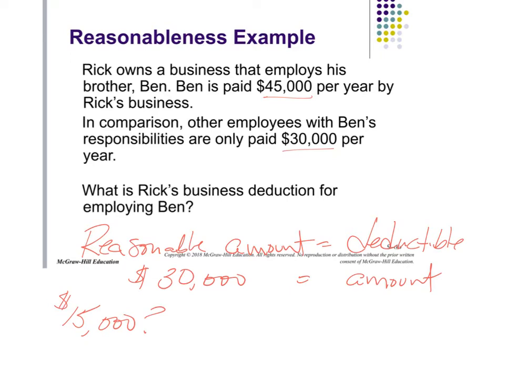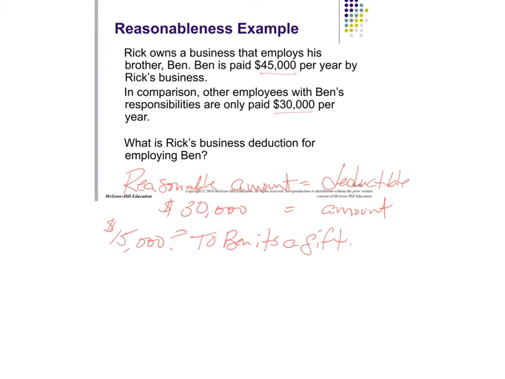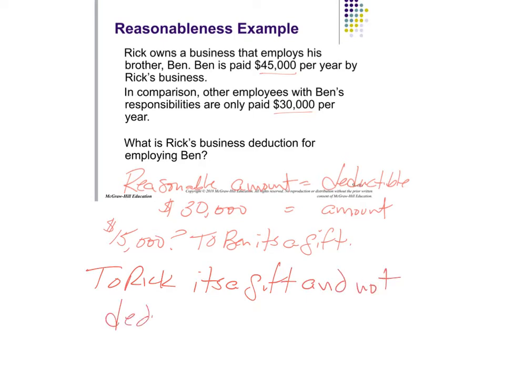Well, to Ben, it's a gift. To Rick, it's a gift and not deductible. Okay, so that's important to remember. You can only deduct what's reasonable. You can pay somebody really whatever you want, but you can only deduct an amount that is reasonable.